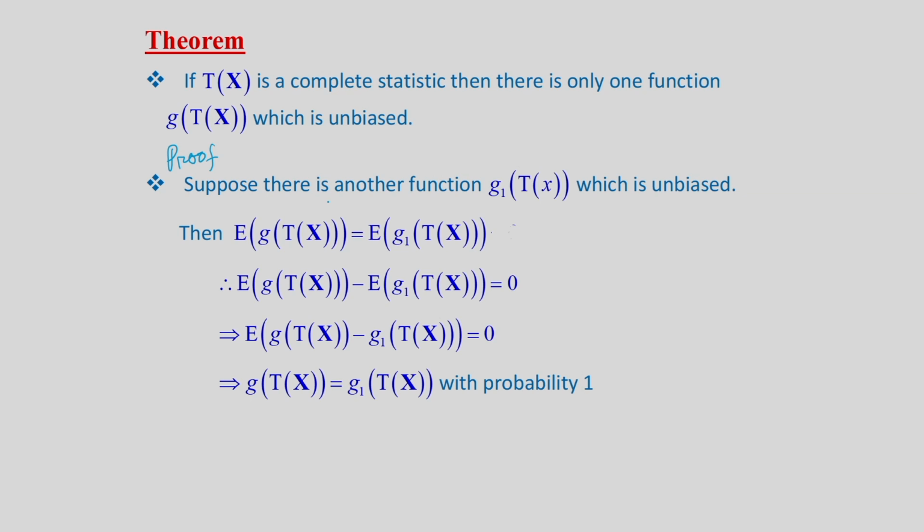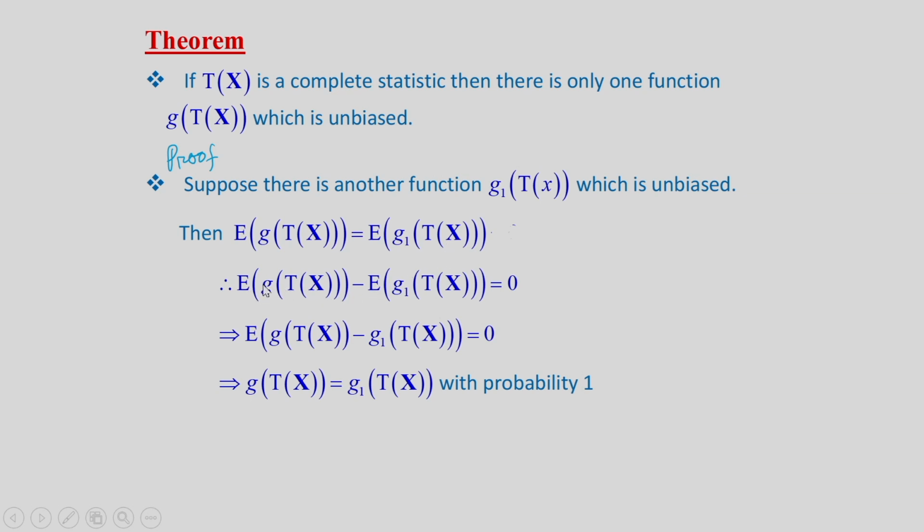Suppose there is another function g1(T(x)) which is unbiased. So, already g(T(x)) is unbiased. Then E of g(T(x)) must be equal to E of g1(T(x)).